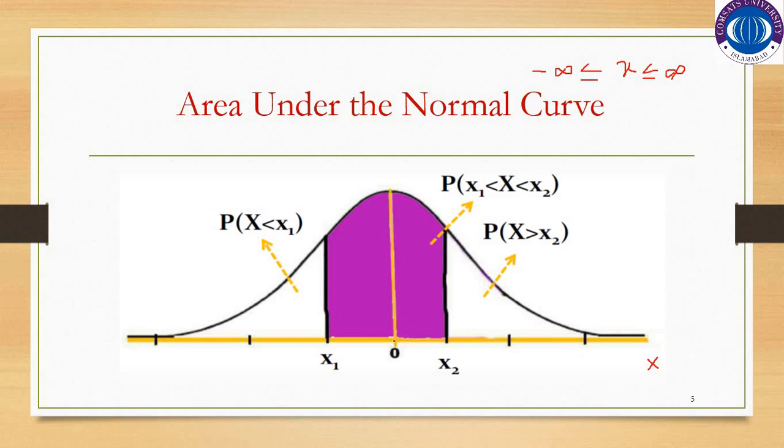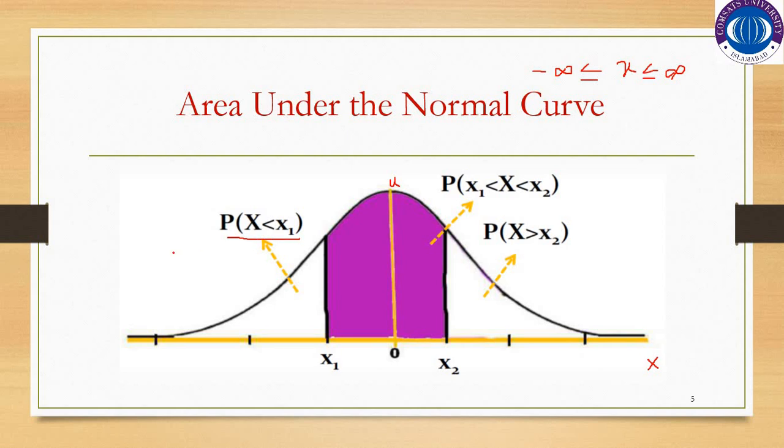Let's suppose the mean of the distribution is 0. This one is the mean. Now, probability x is less than x1. So you have to find this probability, x less than x1.